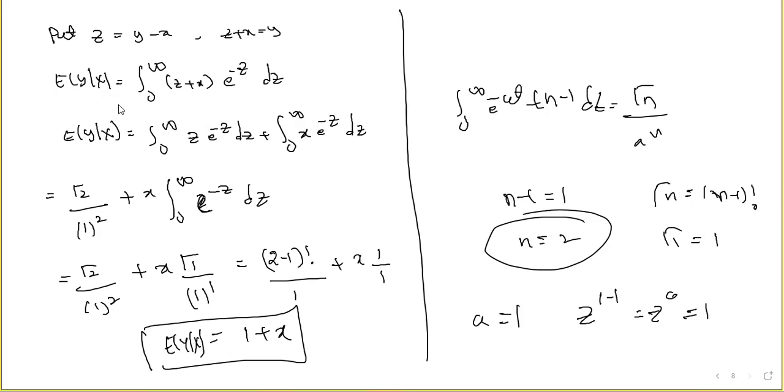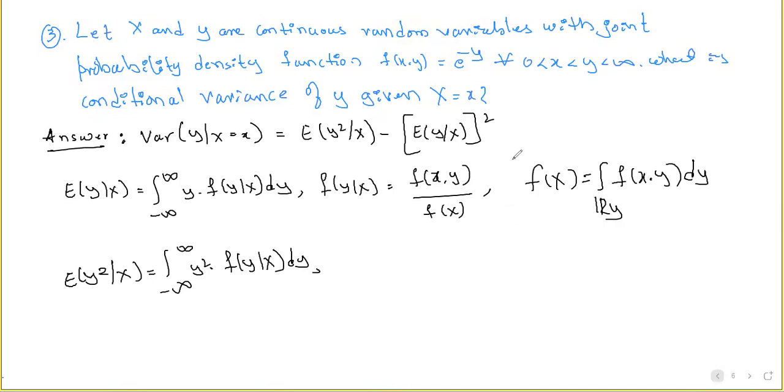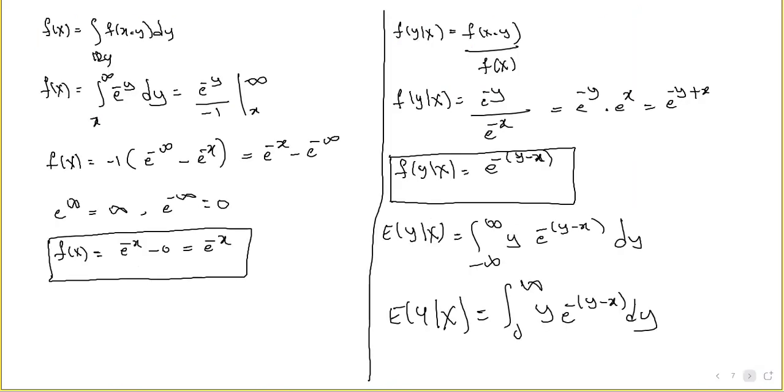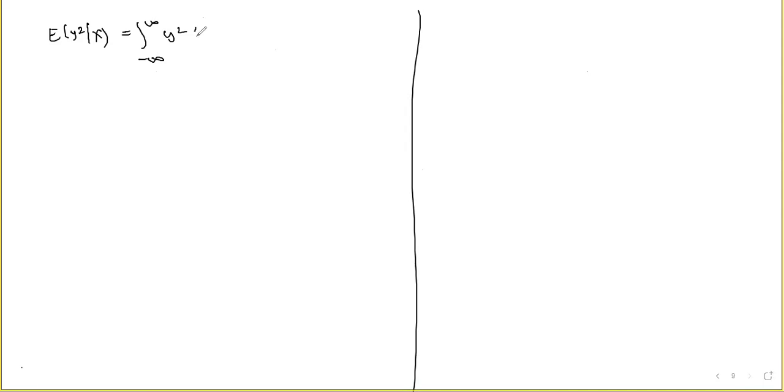Now, what did we require here? We found this, but we need to find the expected value of y square given x also. For that, expected value of y square given x is equal to integration minus infinity to infinity y square f of y given x dy, right?